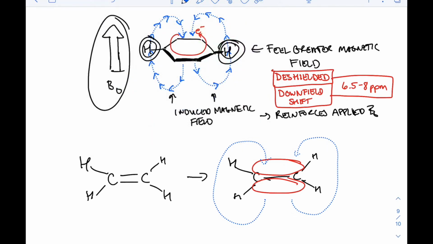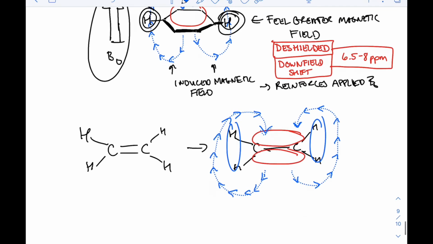And so that creates this induced magnetic field that pretty much does the same thing as above, and it amplifies the applied magnetic field. And so it reinforces it, and it actually results in a de-shielding of the protons on the alkene.